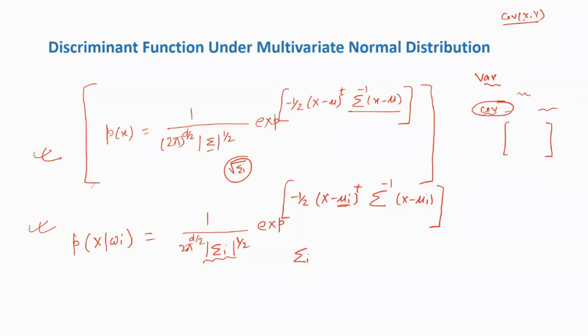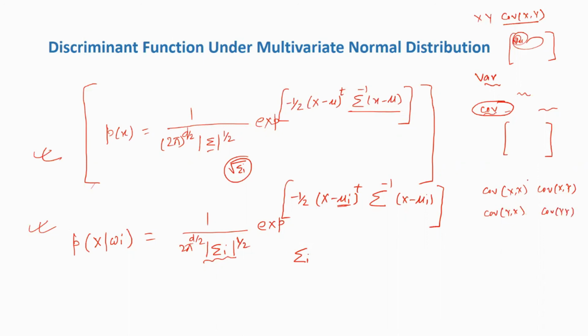If you have covariance of x and y, it means you are having two features, x and y. You will find covariance of xx, covariance of xy, covariance of yx and covariance of yy.